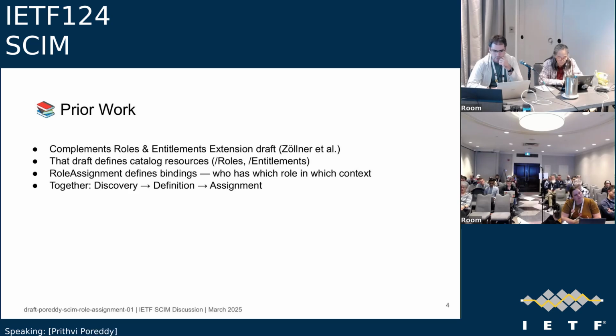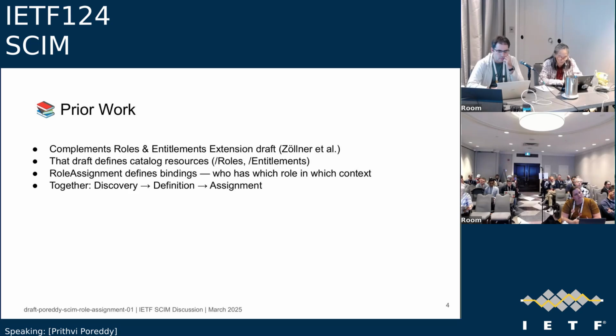Before wrapping up, let me connect this to some earlier SCIM efforts. The role and entitlement extension draft led by Solan and others defined catalog resources, roles, and entitlements. The draft lets SCIM services advertise what roles exist in a standardized way. Role assignment takes the next step.